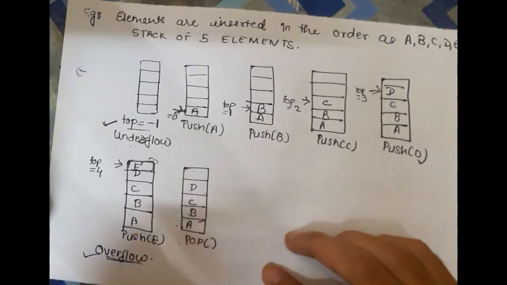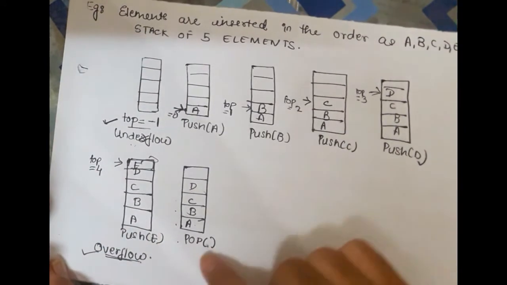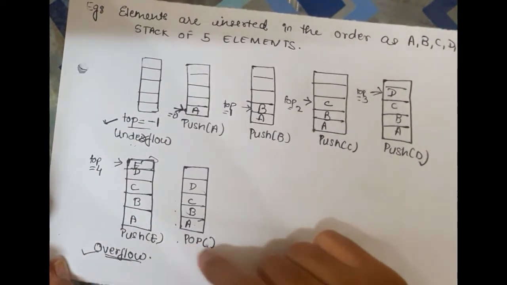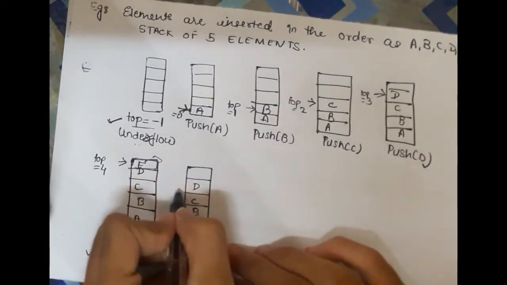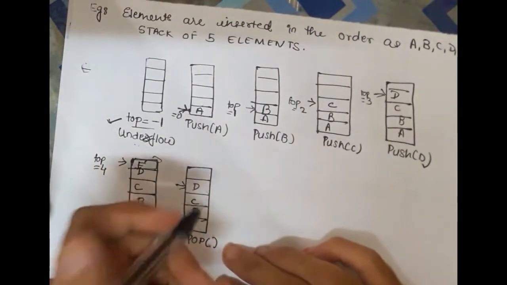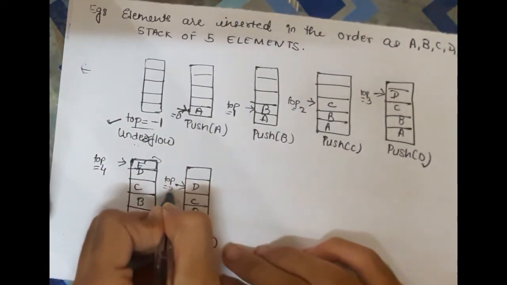Because it is understood that the element at the top will be removed. So there is no need of passing an argument for the pop operation. So E is popped, and now top will be decremented and it will point to 3.